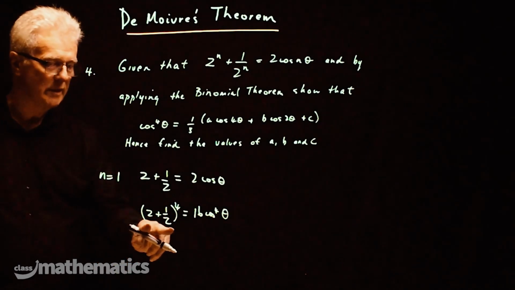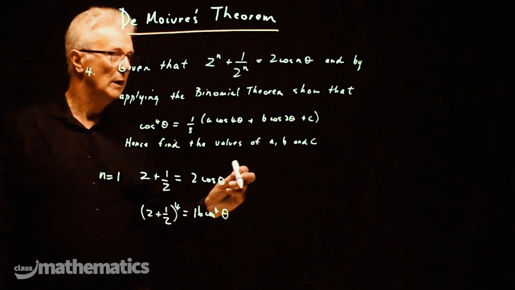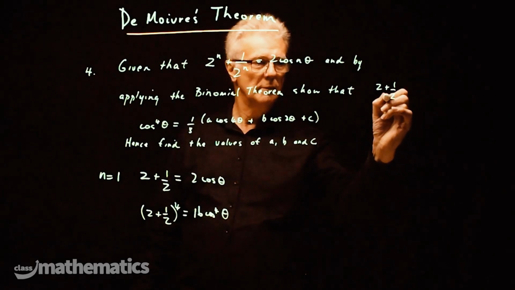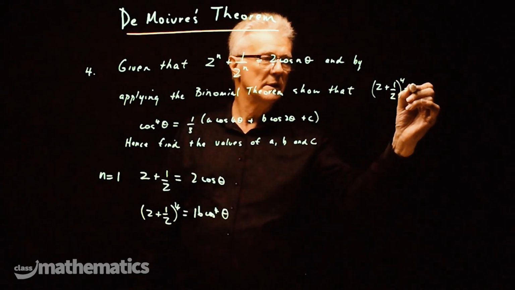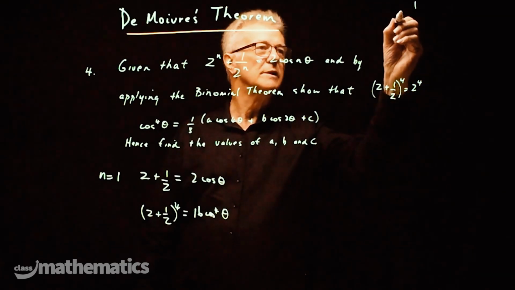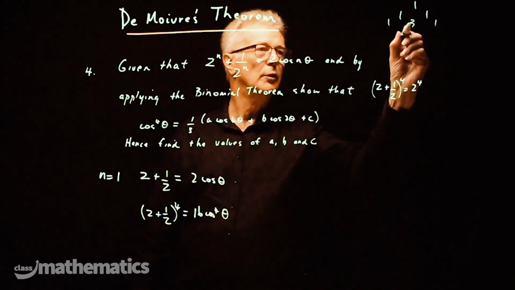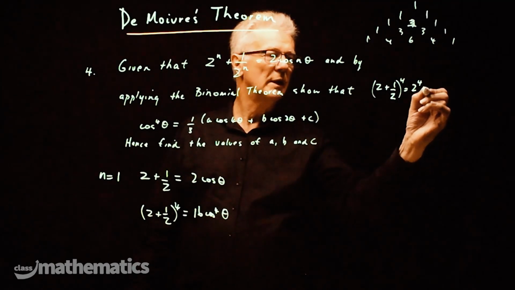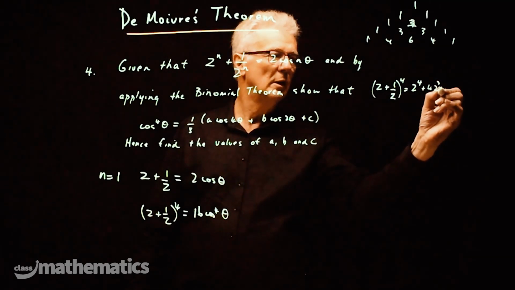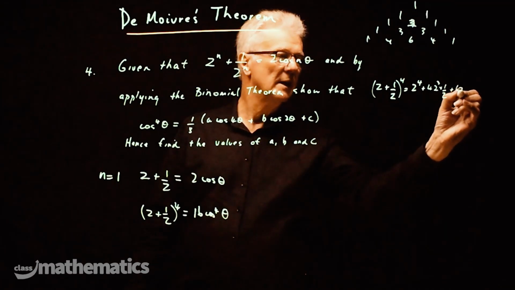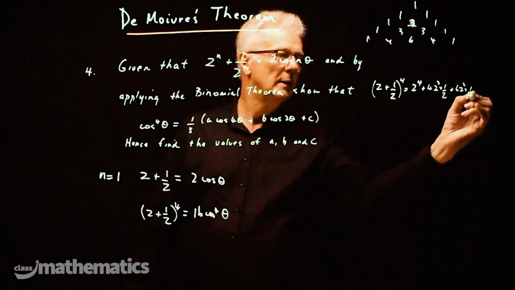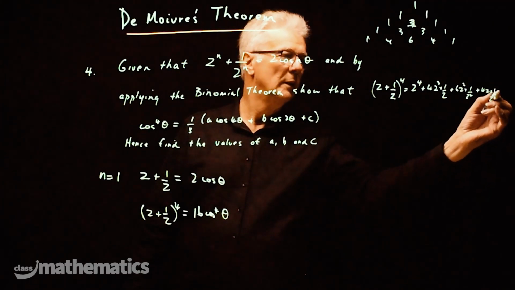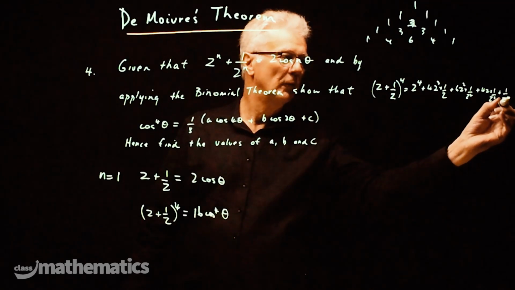Now we'll apply the binomial theorem to expand this. Pascal's triangle: 1, 3, 3, 1, then 1, 4, 6, 4, 1. So z plus 1 over z to the 4th equals z to the 4th plus 4z cubed times 1 over z, plus 6z squared times 1 over z squared, plus 4z times 1 over z cubed, plus 1 over z to the 4th.